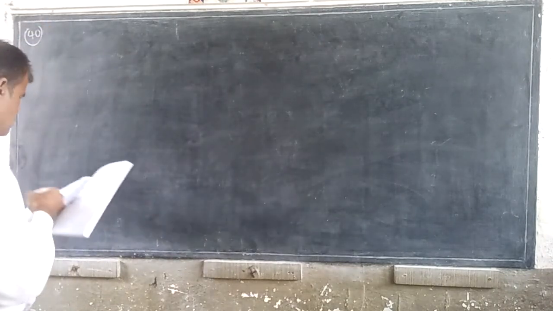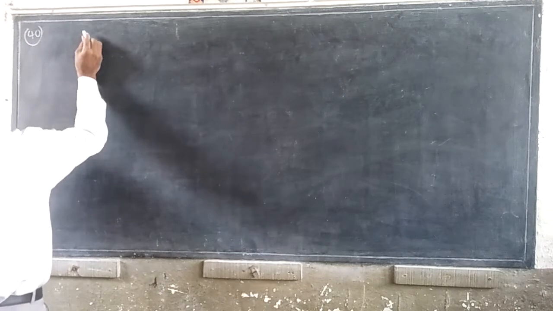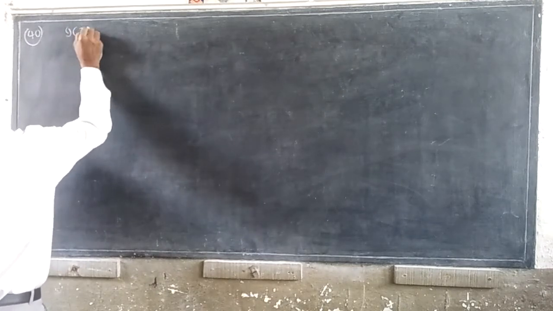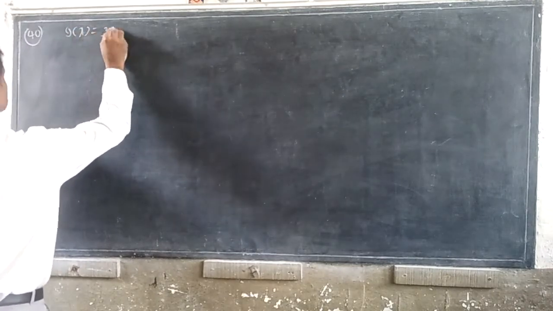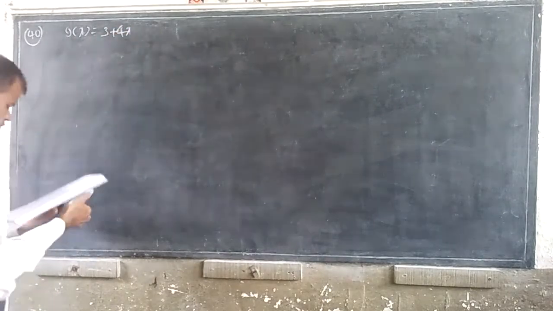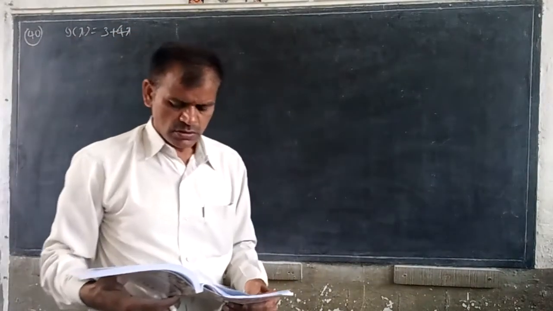Question 40. Let g be defined by g of x equal to 3 plus 4x.